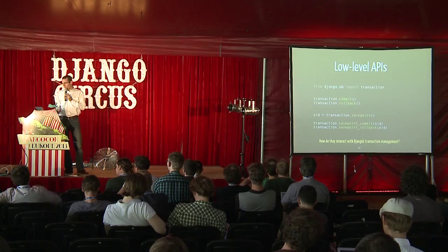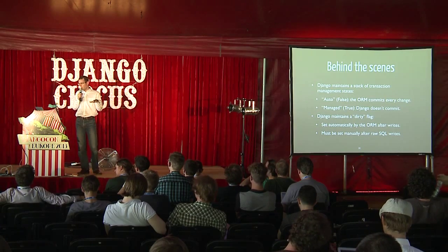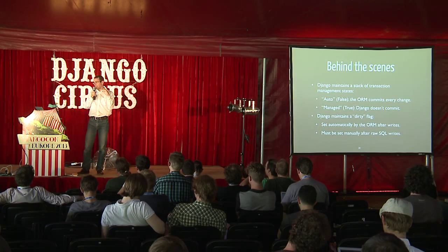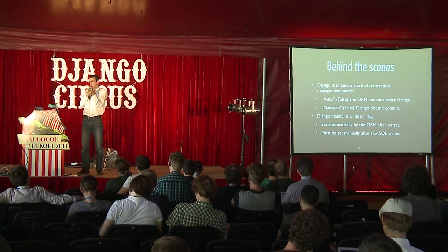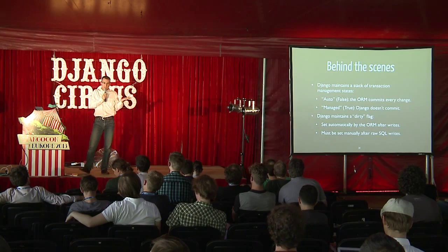So how does all this fit together? I have to dive just for one minute into the guts of Django. Django used to maintain a stack of transaction management state to determine whether it was running in auto mode, which is the default mode of committing after each write, or in managed mode, where it doesn't do commits.